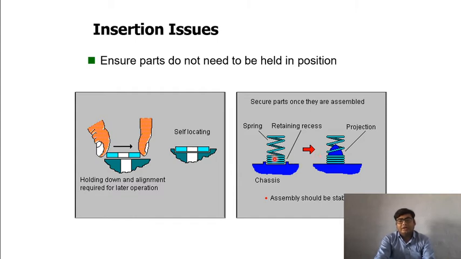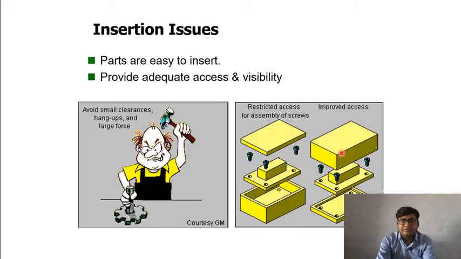If we give this type of design, then to put the spring in its place we have to be more careful, and it will require more time, while this type of projection will reduce this time, and it will self-align the spring. These are also examples of the same insertion issues.